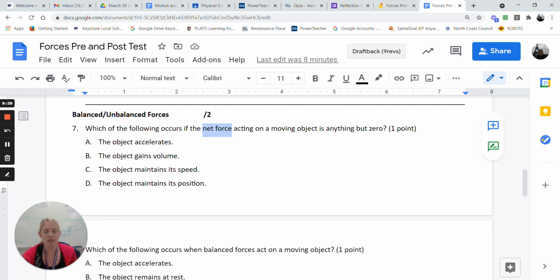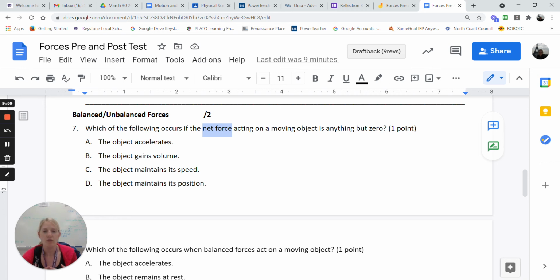And like we learned with vectors in our last chapter, if they're in opposite directions, we subtract them. Okay, and then of course, if I have 3 newtons of force on the same side of the box, so both pushing this way, then they would add together and there'd be 6 newtons acting on the box.